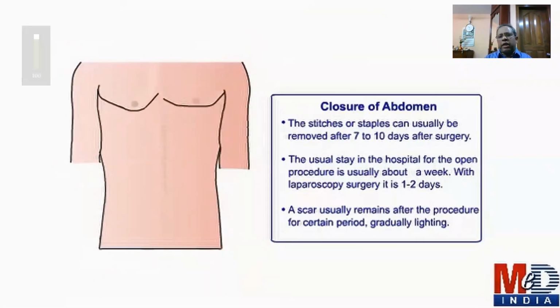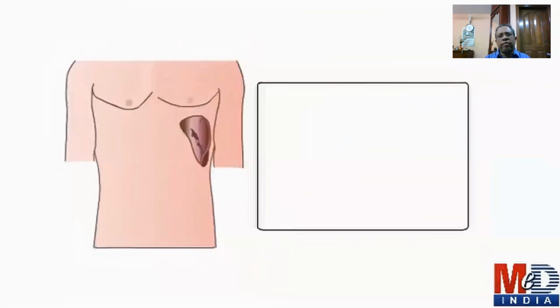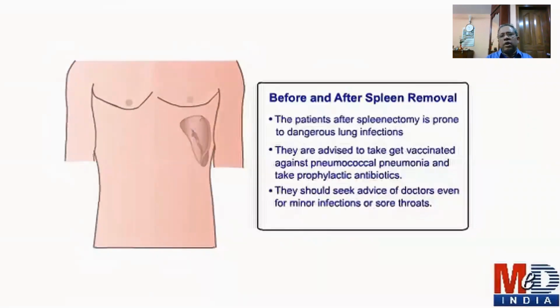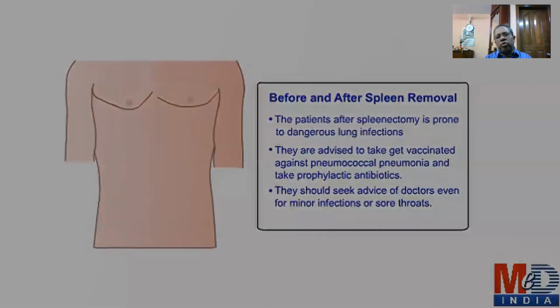In open surgery, the patient needs to stay 7 to 10 days. After splenectomy, there is more chance of lung infection, so if possible, give vaccinations beforehand.